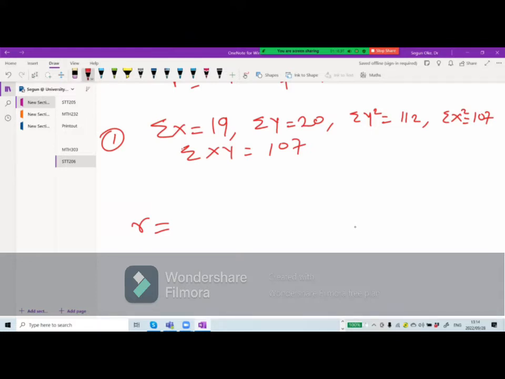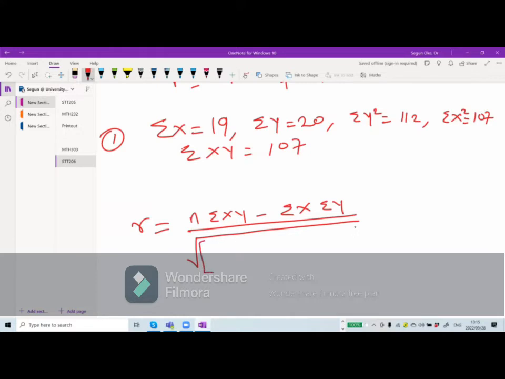R is equal to N, bracket, summation of XY, minus summation X, summation Y, all over the square root of N summation X squared.